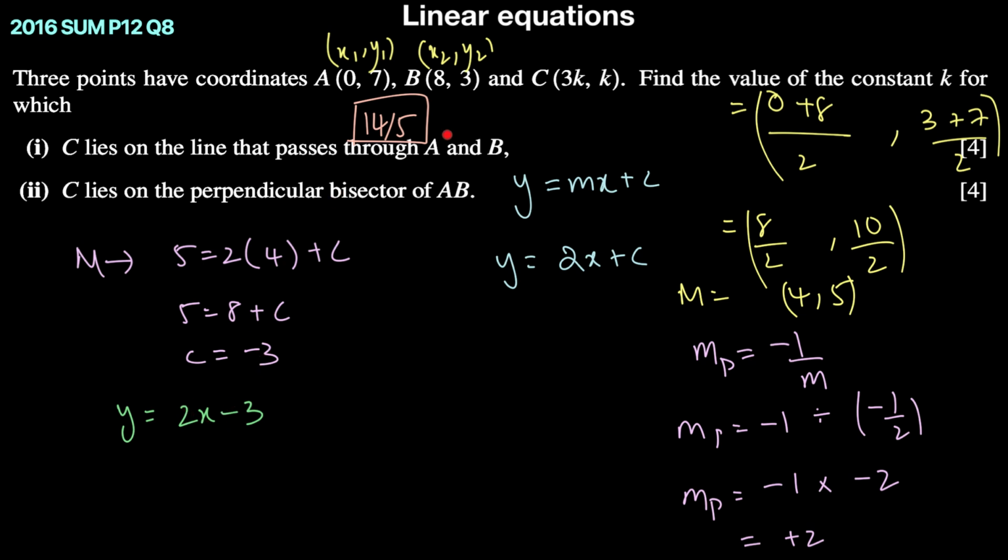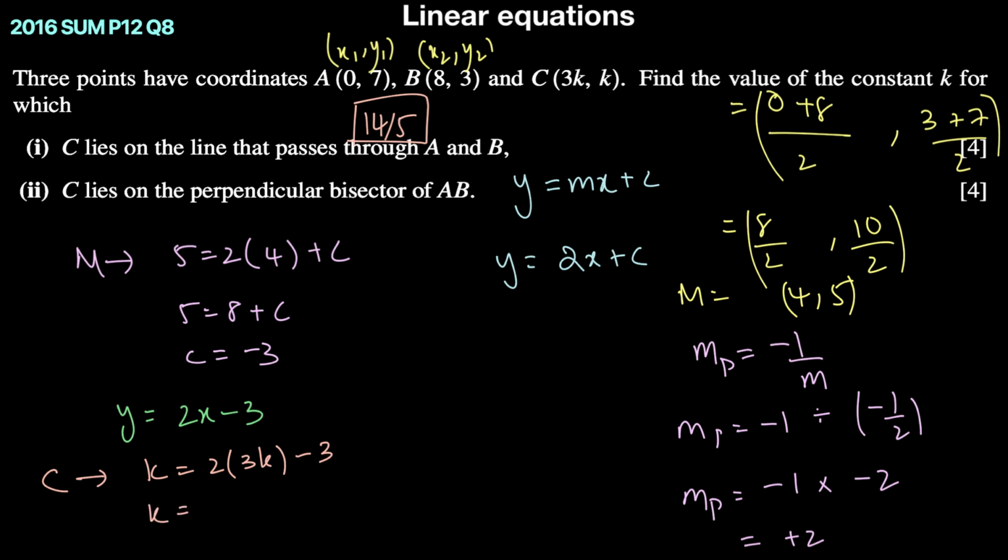Now, once I have the equation, the point C lies on this perpendicular bisector. In other words, the coordinates of C should satisfy this linear equation. So if I plug in C into this linear equation, when x is equal to 3k, y is equal to k. So k is equal to 2 times 3k minus 3.